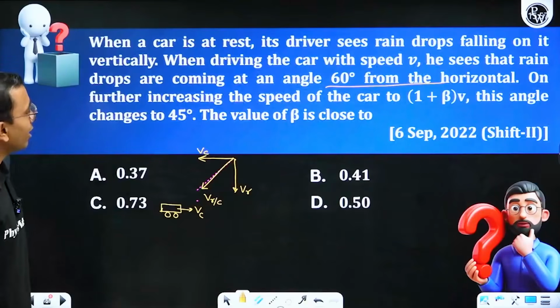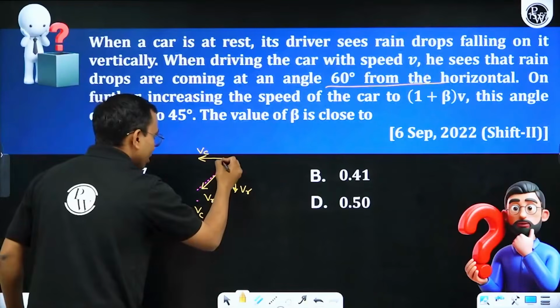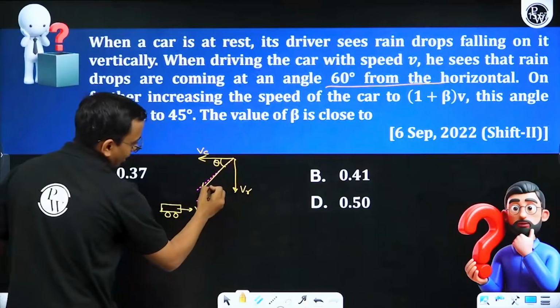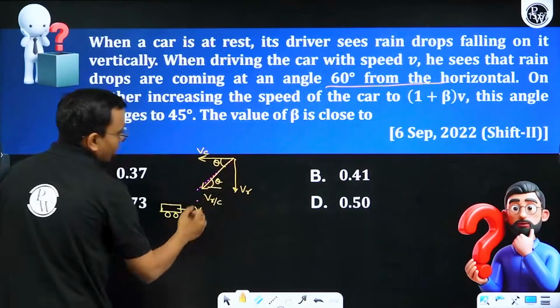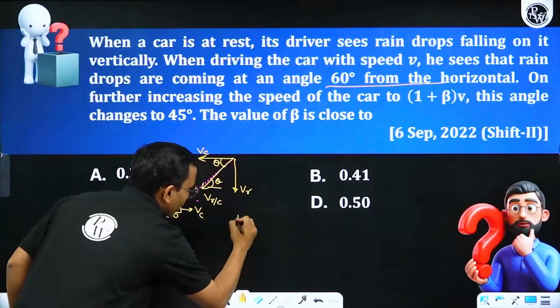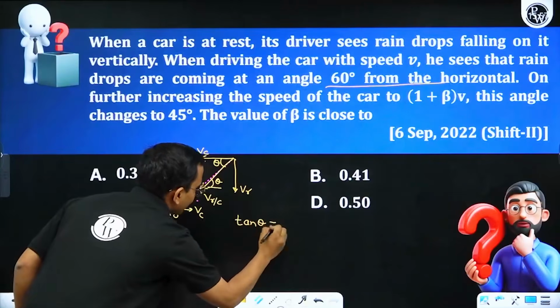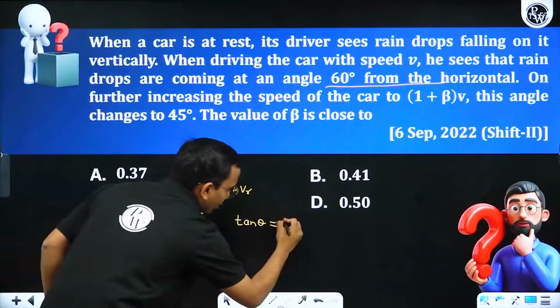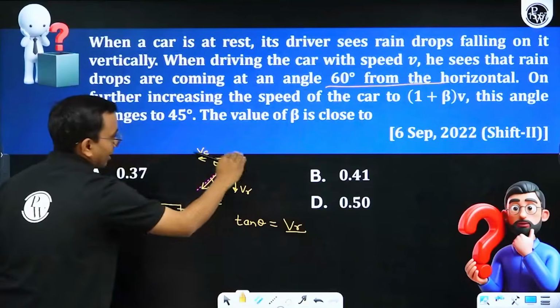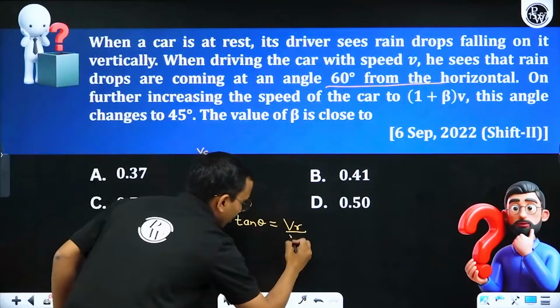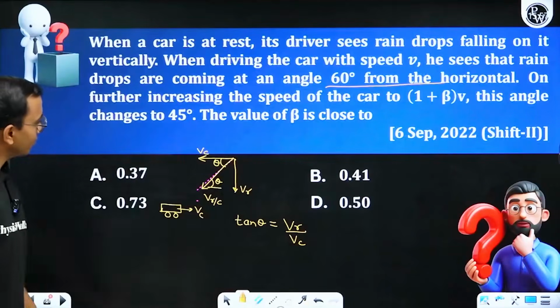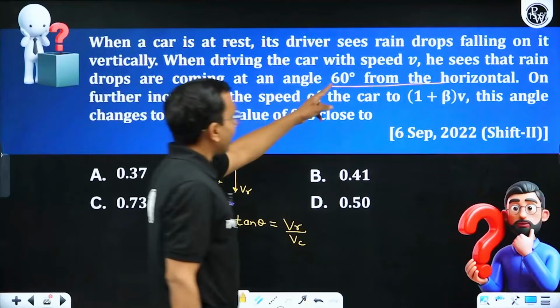And here the angle is measured with the horizontal, this angle, or I can say it's the same as this angle. So if I ask you what is tan theta in this, you will say, sir, tan theta is perpendicular divided by the base. Getting it? This is my tan theta. Here it is saying that the angle is 60 degrees.